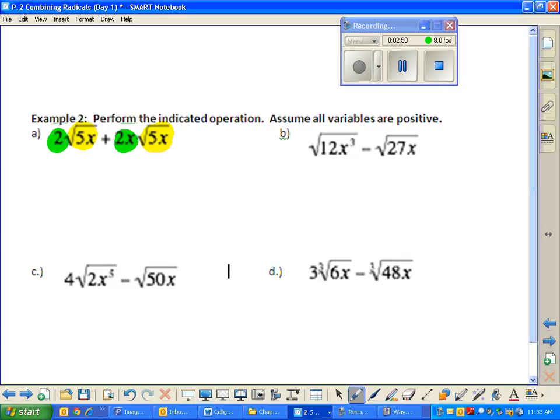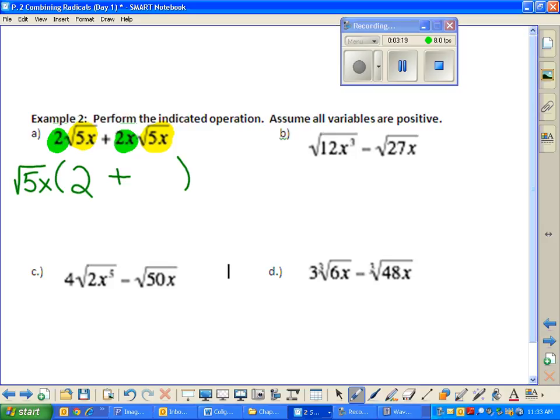So you can actually take this square root of 5x and factor it out of the problem using our GCF method. So you could ask yourself, if you take the square root of 5x out, what's left over for our first term? Well, the square root of 5x times 2 gets me back to 2 times the square root of 5x.